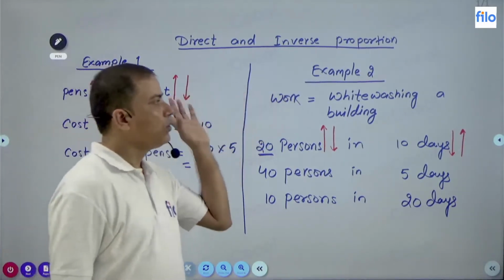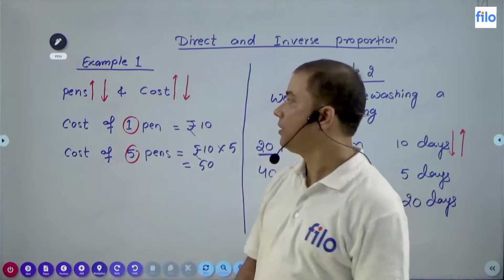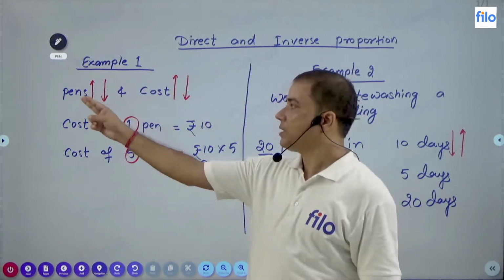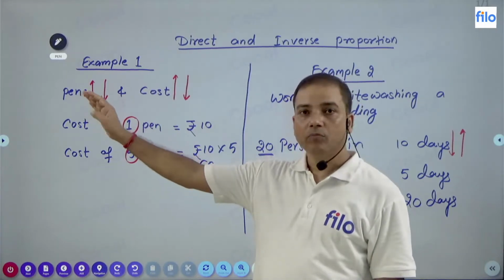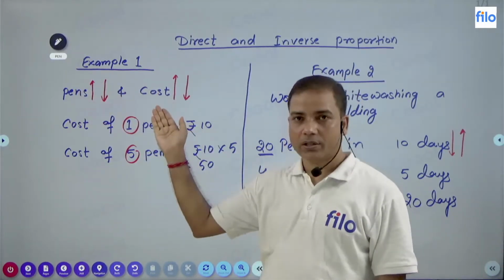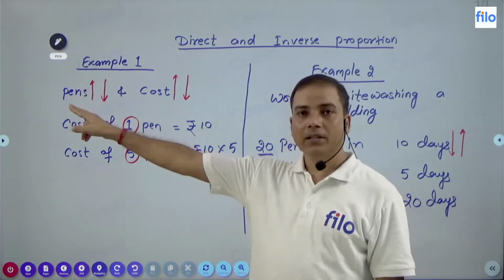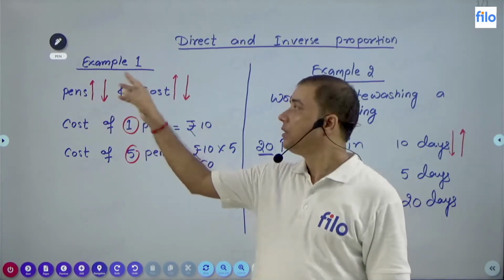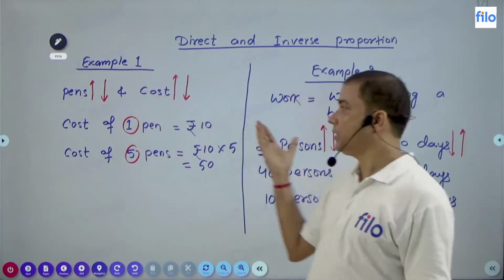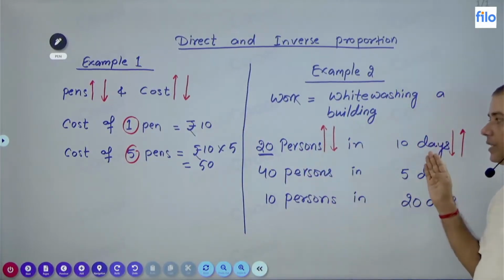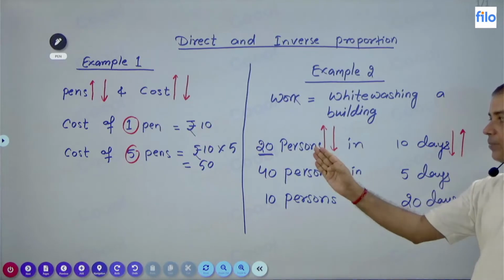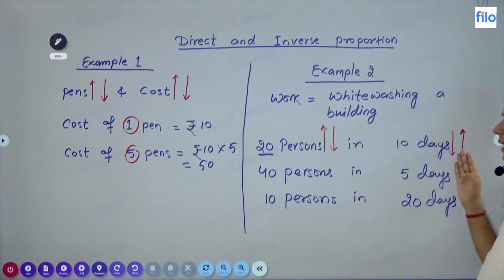So these are two different sets of quantities. In the first set, pens and cost: more pens, more cost; fewer pens, lesser cost. But in this, more persons, fewer days; fewer persons, more days.